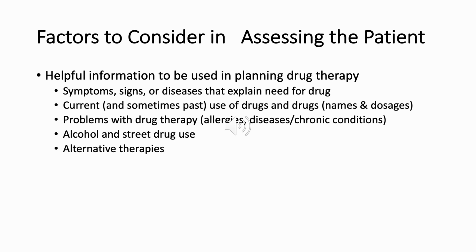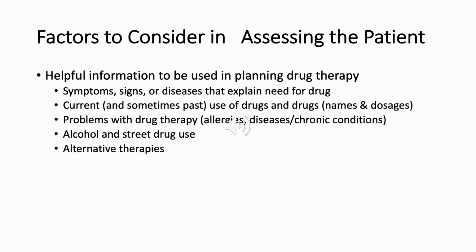When asking about the patient's drug history, you will want to collect data in the following areas. Number 1, symptoms, signs, or diseases that explain the patient's need for a drug, such as high blood pressure, high glucose levels, or pain. Number 2, the names and, when possible, dosages of all the drugs the patient is taking, including prescription drugs.